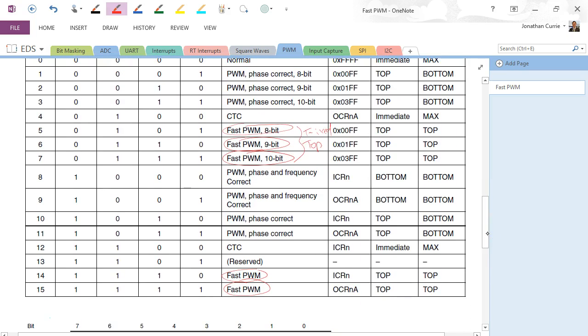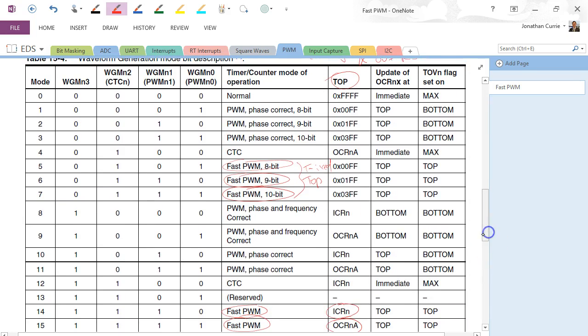Right, the other 2 modes we have are the ICR1 and the OCR1A registers, which can be used as the top value. Now I've told a few of you previously that ICR1 is probably not a good idea. I take that back, it is actually alright, and you can use this mode if you're not using input capture.